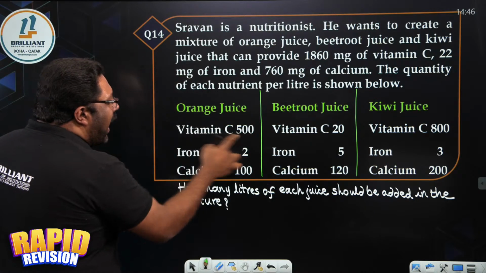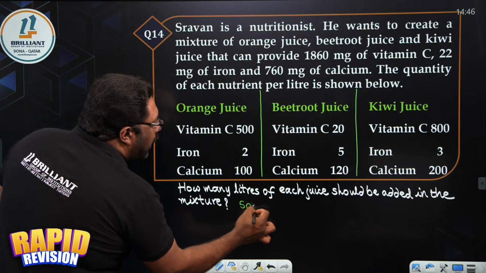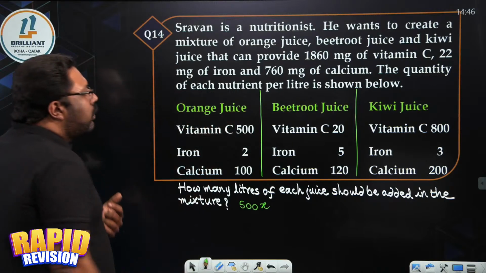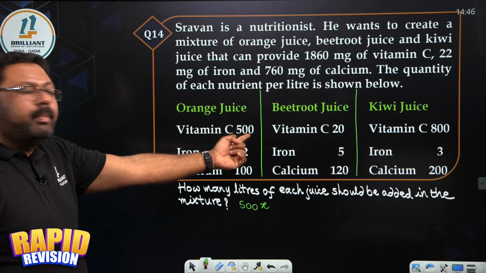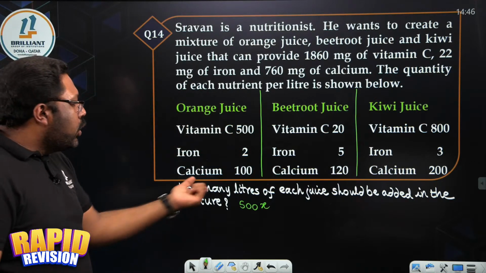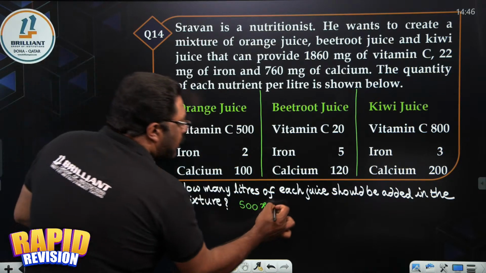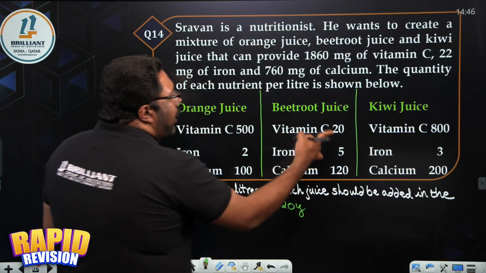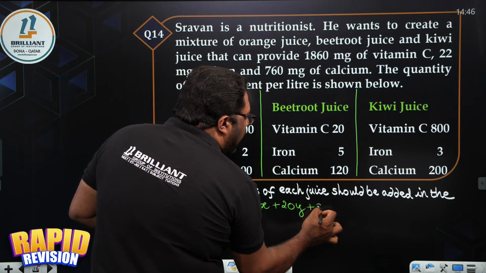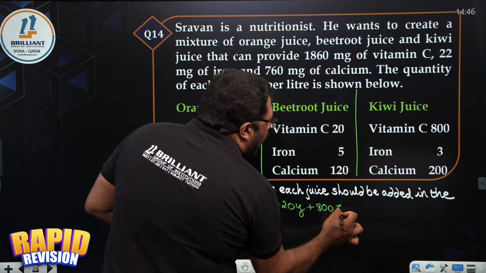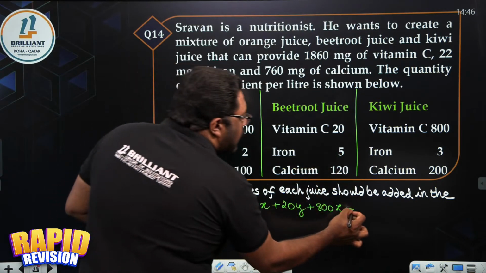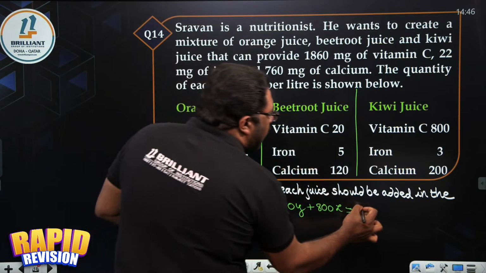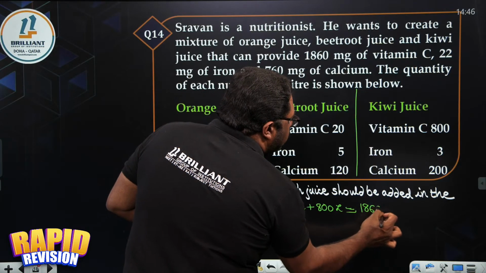Now I have 500 milligrams of vitamin C in orange juice. So let me mix 500x plus 20 from beetroot juice and 800 from kiwi juice. This should not exceed 1860.